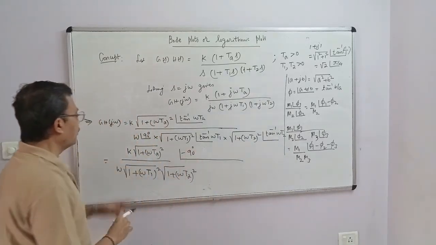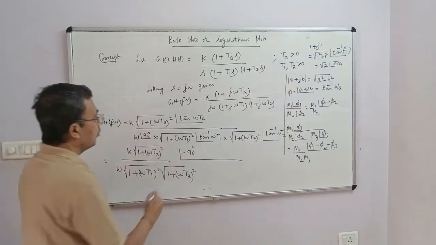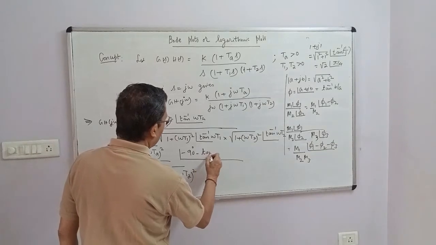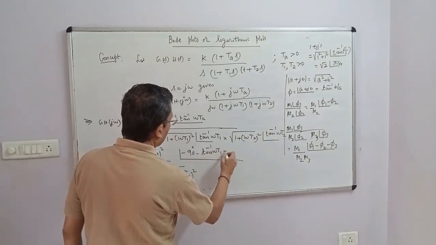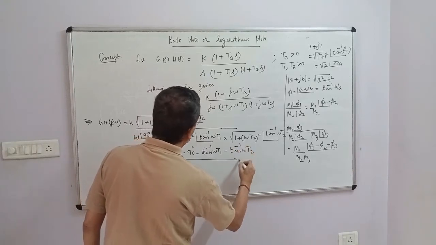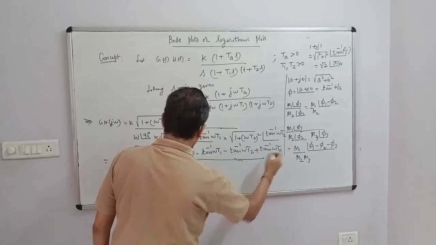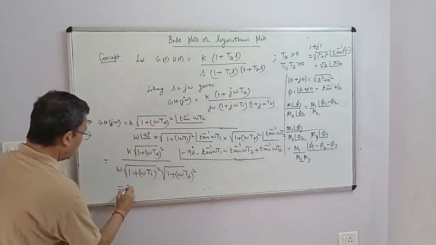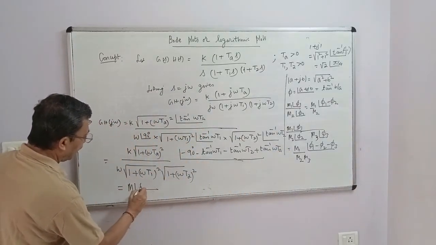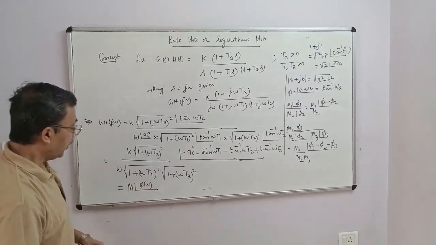When an angle is transferred from denominator to numerator, it becomes a minus angle. Minus tan inverse of omega T1, minus tan inverse of omega T2, plus tan inverse of omega Ta. This is like M at an angle phi of omega.